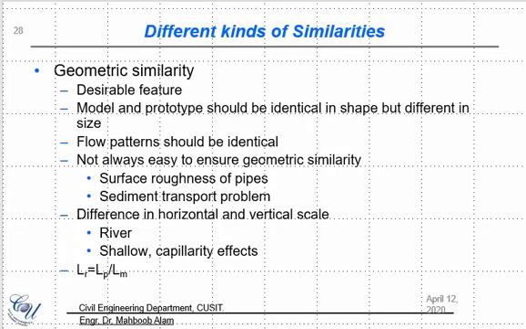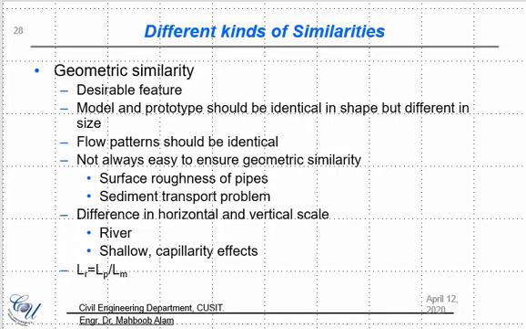You have to look whether, because of this reduction in size, you are increasing something else, or you are introducing certain things which are not present in the actual sense. That is important.